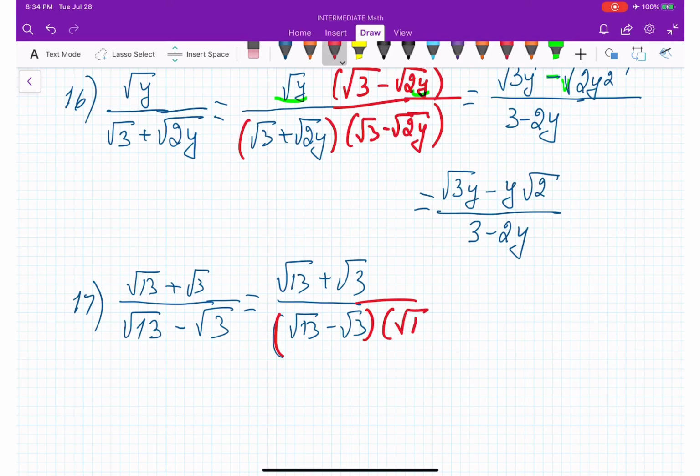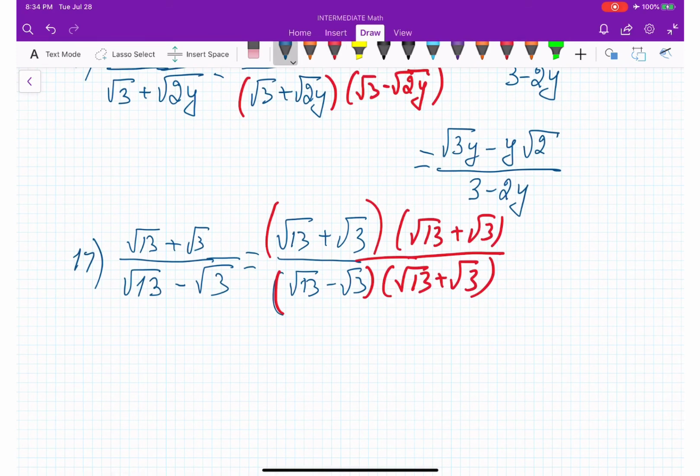Multiply square root of 13 plus square root of 3. And the same thing here, square root of 13 plus square root of 3. This is interesting. What we are going to get here, at the bottom I will get 13 minus 3, right? What do we get on the top?